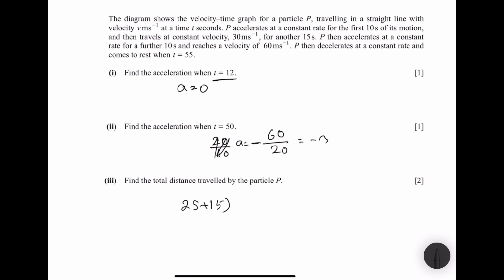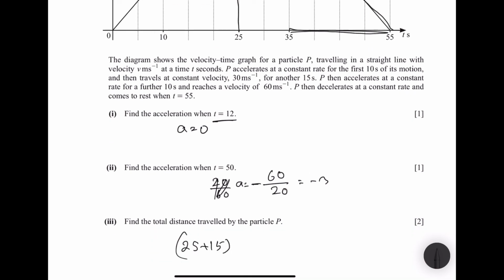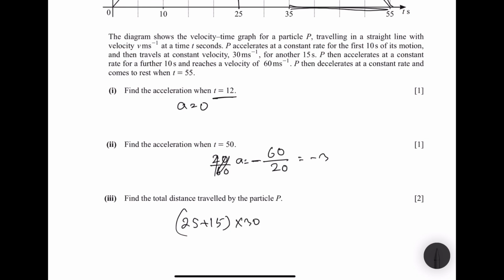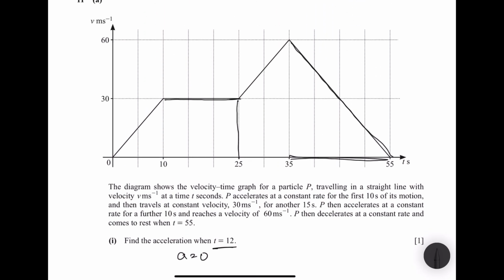The distance between the parallel lines is 30, into half. These two are parallel lines, 25, and this is 25 minus 10, 15. So the sum of parallel lines, times the distance between them, and then half.